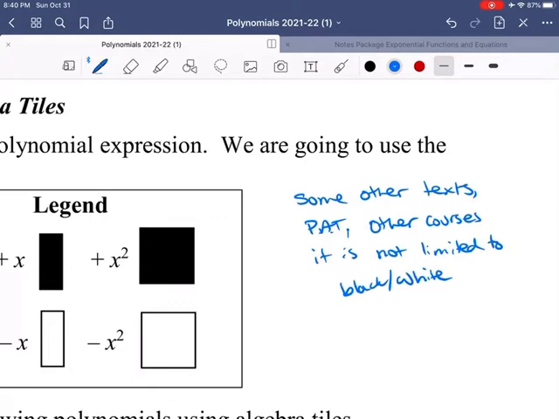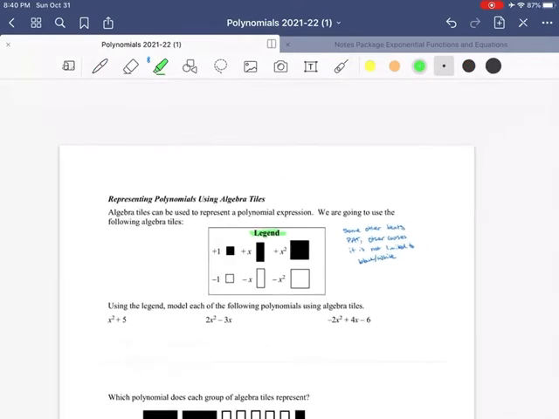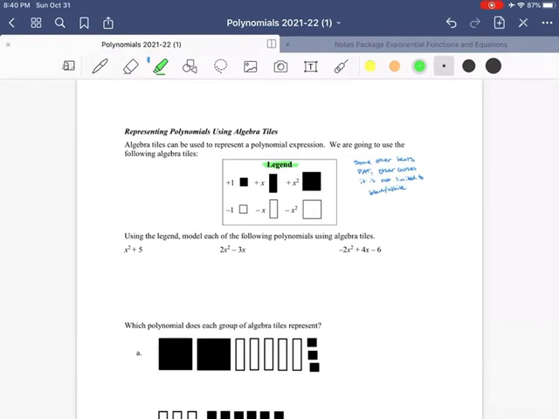Sometimes they'll be red and blue, sometimes red and green. That's why you need to consult the legend or the key to figure out what we are actually working with. And in this case, we are working with black and white. Black tiles are positive and white tiles are negative.